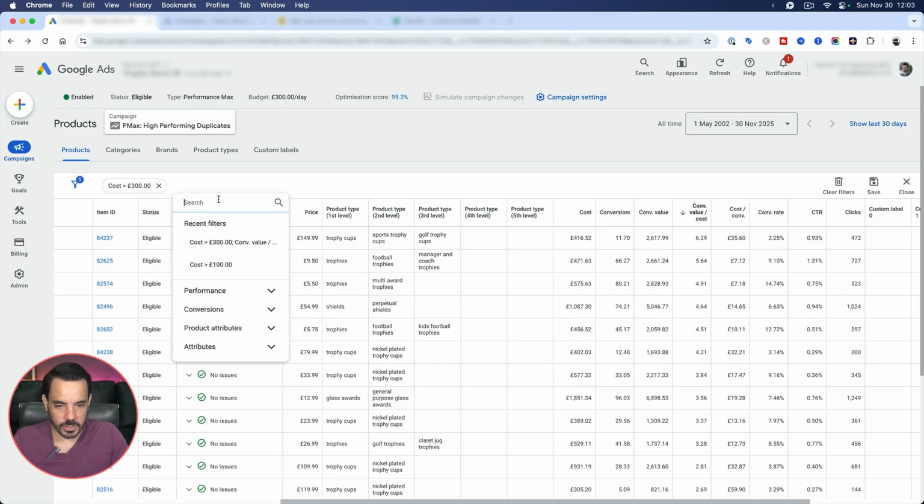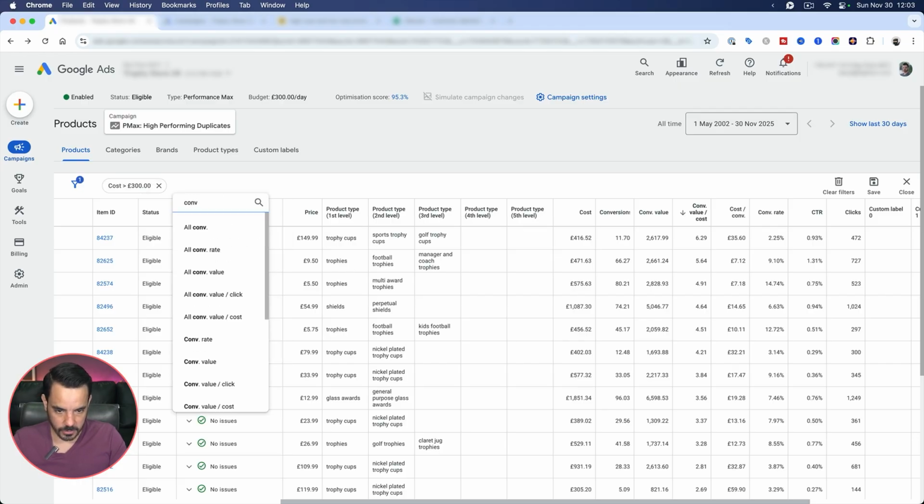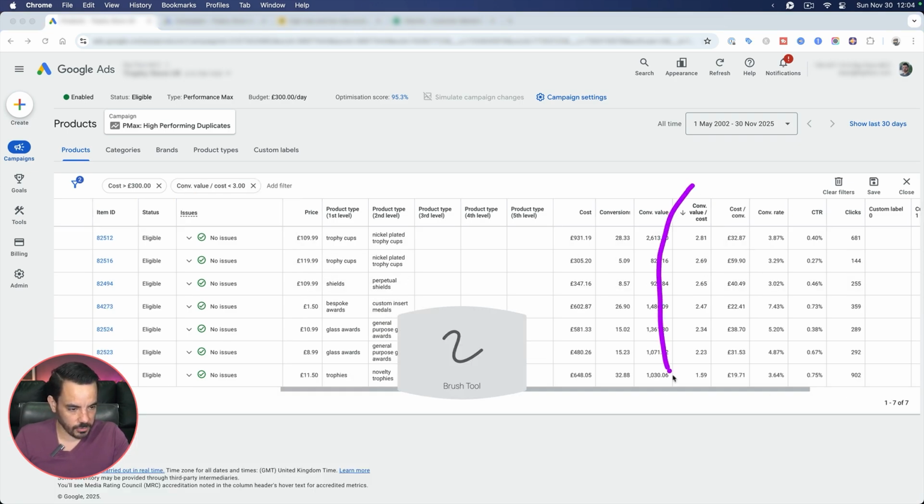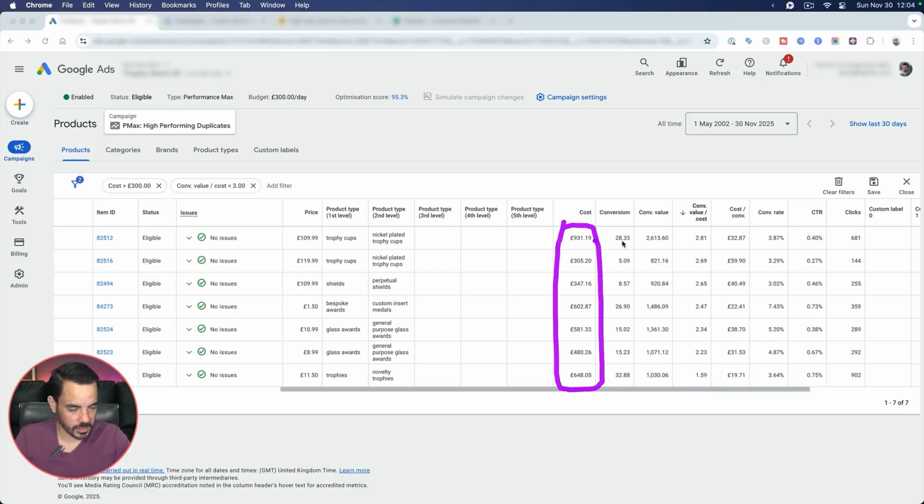Then we do another filter for ROAS less than, looking for stuff below my break-even point. Let's say in this account our break-even point is 3, so we need everything to be above a 3x ROAS. And there you have a group of products that are spending a decent amount. This spend tells us that we can trust that ROAS.